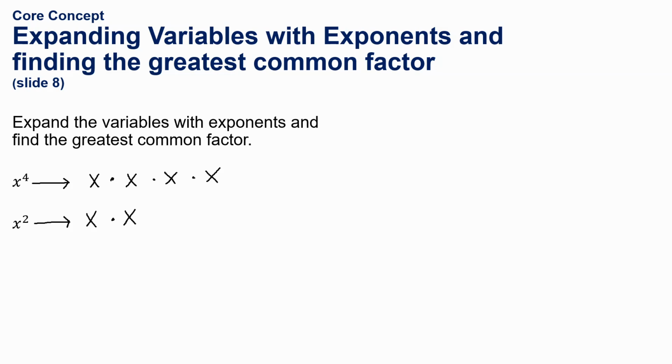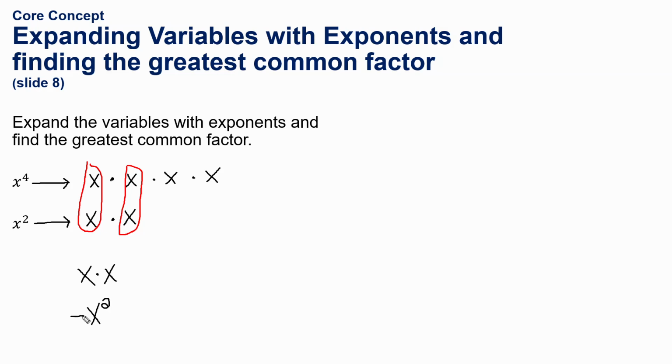So then if I look at, okay, what do they actually share? What is the greatest common factor for these? We would say this column and this column match up, and this column and this column match up. So the common variable factor, or greatest common factor, for x to the fourth power and x to the second power is really x times x, or x squared.